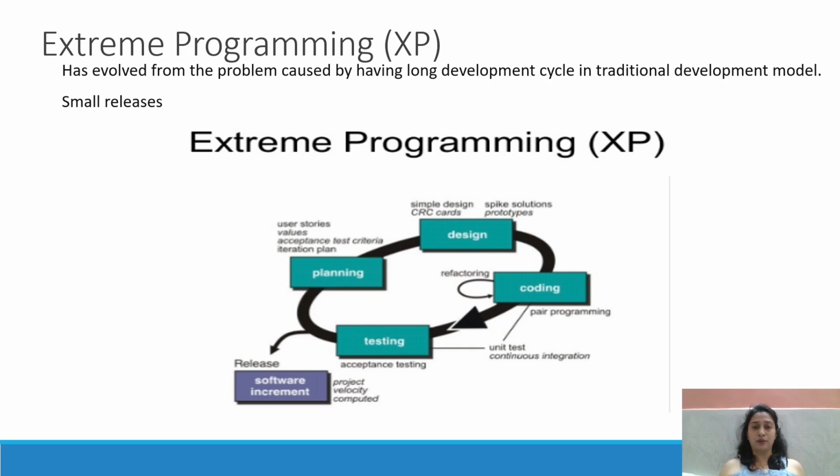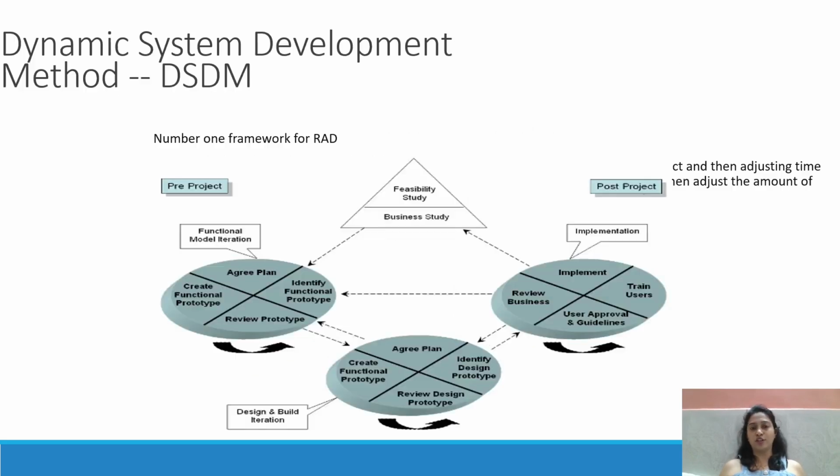For startup projects we can use this method. Then in coding, after coding is done, you have to do unit testing and acceptance testing, which should follow the criteria mentioned by the user. Then we can release that product. This is the cycle for XP.